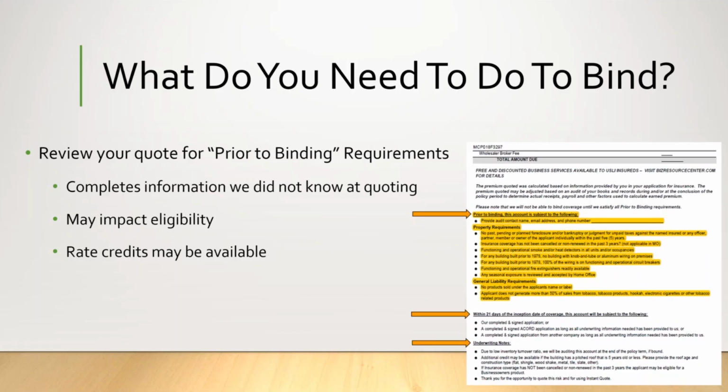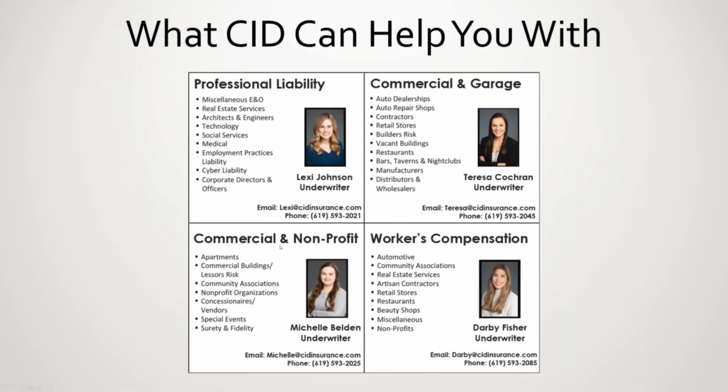It may impact the eligibility if you're not sure about the rental units, or if there's a type of amenity that may not be eligible. And then credits and debits are available based on how these questions are answered. But you will receive a pre-filled application, and these questions that were not answered will be listed. And then with that, Anae, I will turn it over to you.